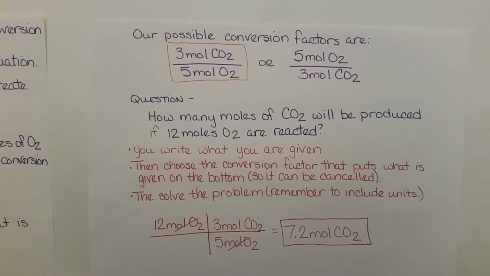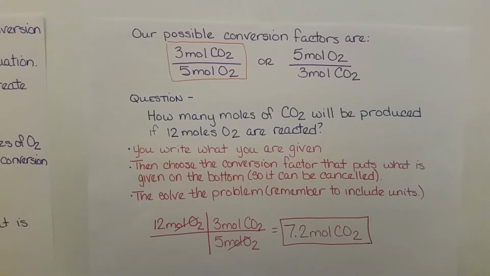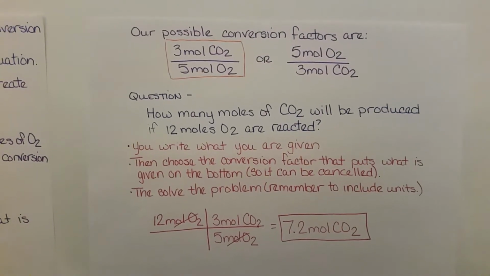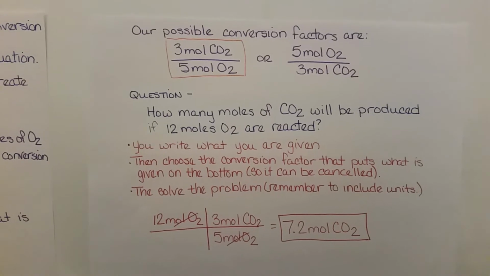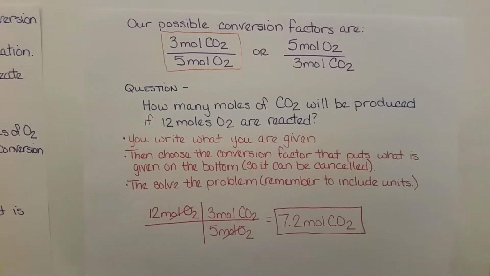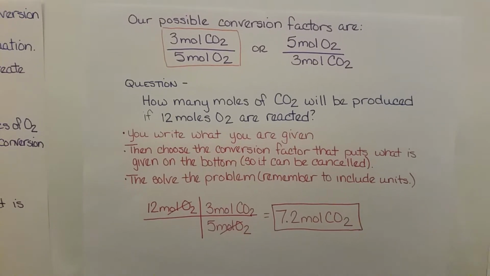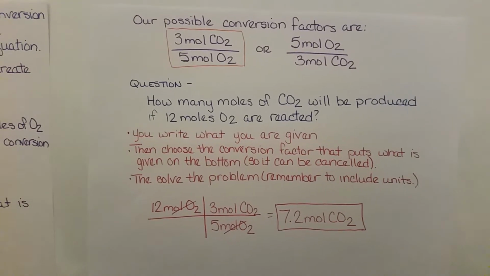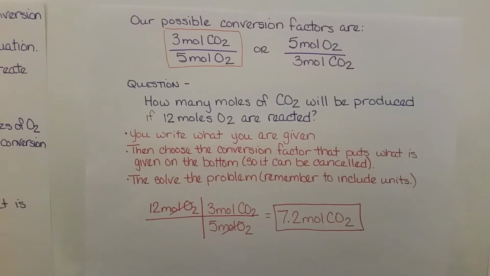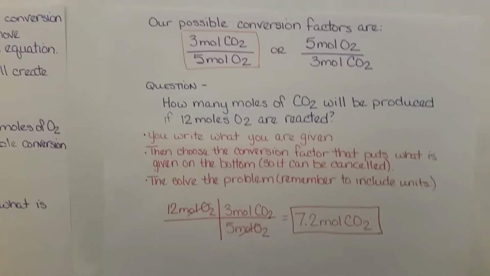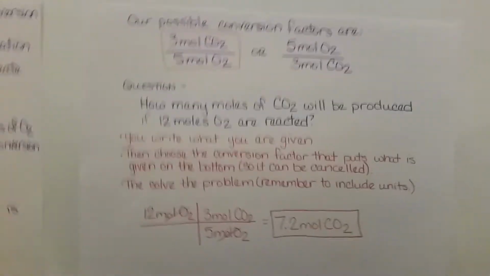So our possible conversion factors, we're going to continue the same example. I can have moles of CO2 on top or moles of CO2 on the bottom. The question I've been given is, how many moles of CO2 will be produced if 12 moles of O2 are reacted? The first thing you do every time is write what you're given.